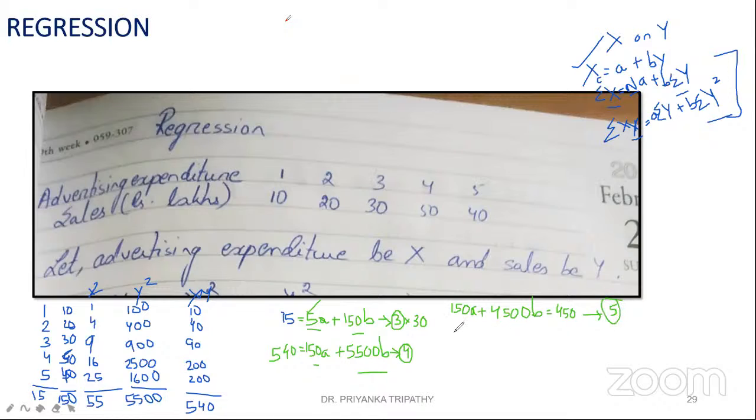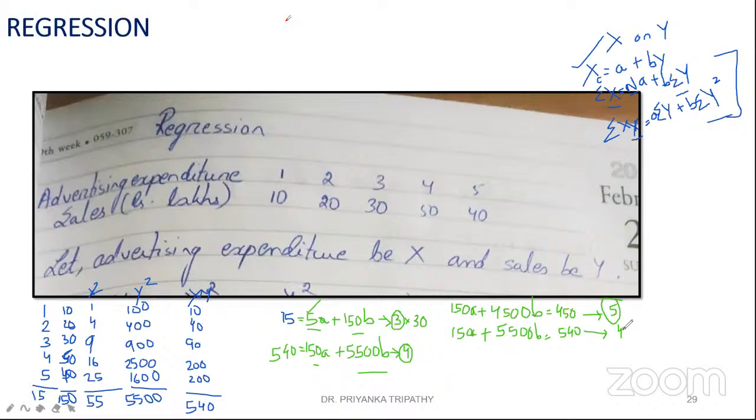And same thing, this will be 150A plus 5500B equals to 540. Now what will you do? This is your equation 4.